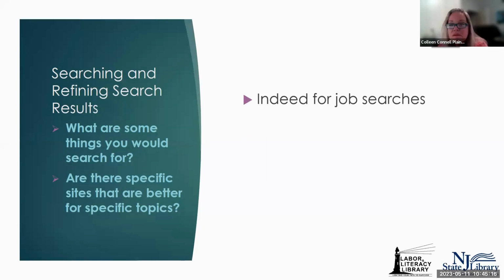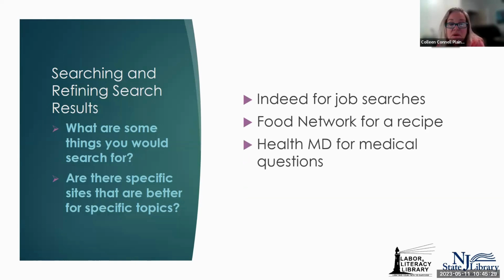Indeed, right? If I were looking for specific recipes, I might go to the Food Network. Or for health, I might go to WebMD for medical questions. Or obviously, Amazon for shopping.